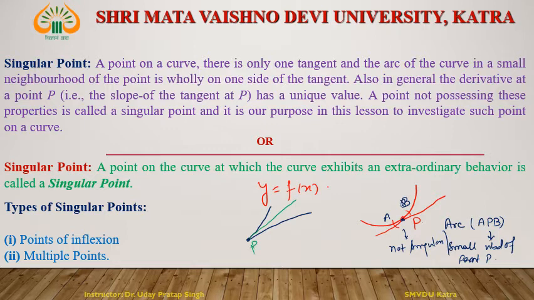This is the tangent at the point P, and if we take the small neighborhood, one portion of the curve lies in the upward direction and the other portion of the curve lies downward.